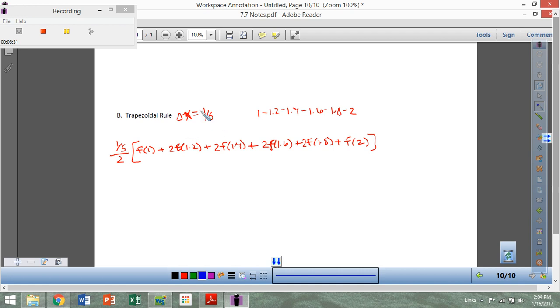Again, my function is 1 over x, right? f of x is 1 over x. That's what's in the integral. So, first of all, 1/5 divided by 2, that's going to simply be 1/10. f of 1 is simply going to be 1 over 1, so it's just going to be 1. And then I'm going to have 2 f of 1.2. So f of 1.2 would be 1 over 1.2, and if I multiply that by 2, I'm going to get 2 over 1.2.